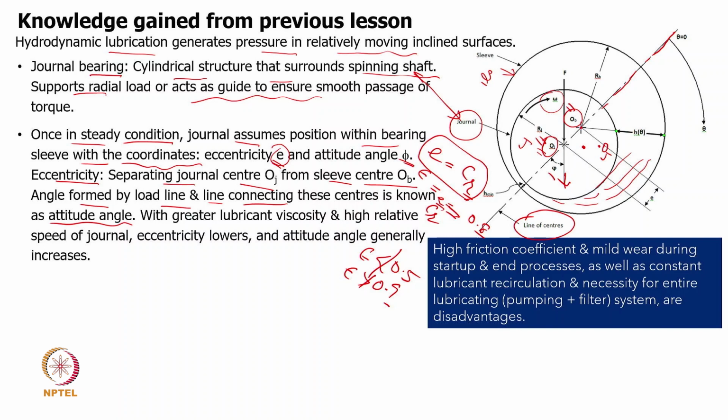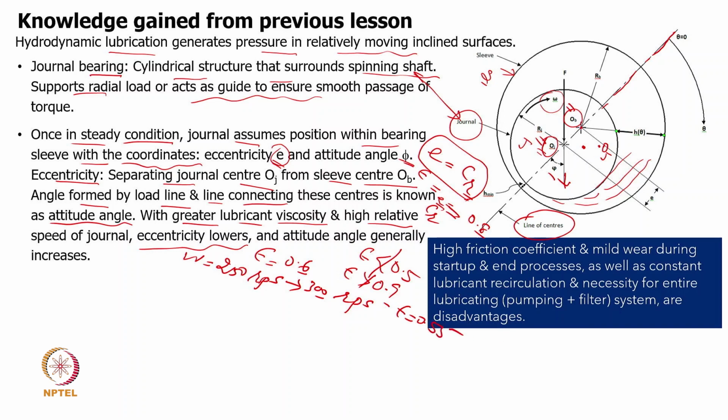We say with a greater lubricant viscosity, if you increase the lubricant viscosity or increase the speed, then what will happen? Eccentricity will be reduced. So if eccentricity is 0.6, and then you suddenly increase the RPM omega, maybe from 250 RPS to 300 RPS, there is a possibility that eccentricity will come down to 0.55, 0.56, something like that.